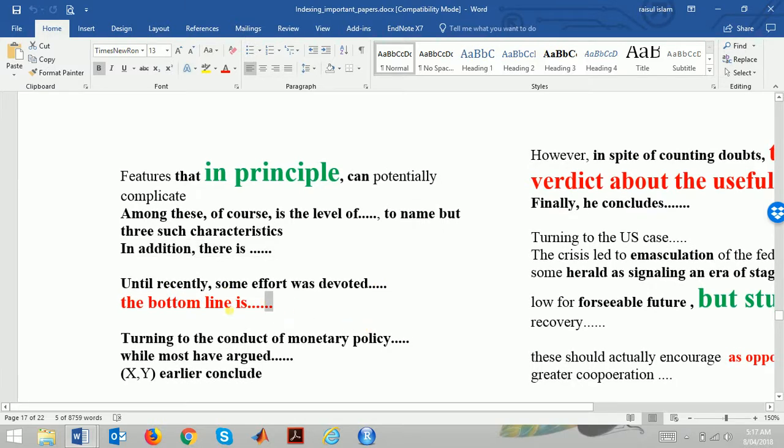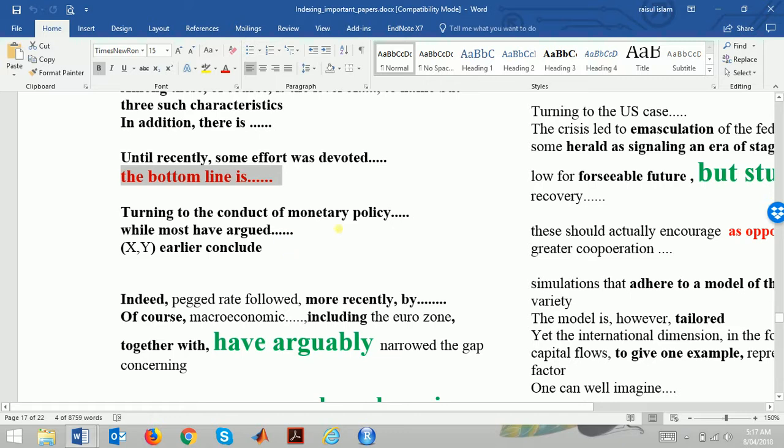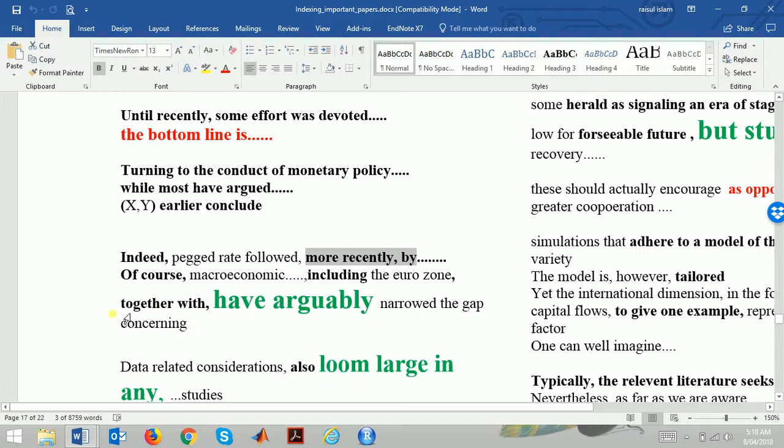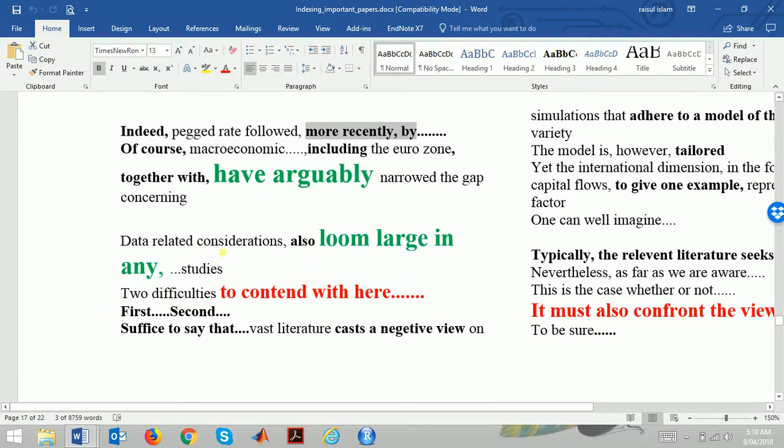The bottom line is, turning to the conduct of monetary policy, while most have argued earlier, pegged rate followed, more recently by macroeconomic developments, including the Eurozone, which have arguably narrowed the gap. Data-related considerations also loom large in any studies.